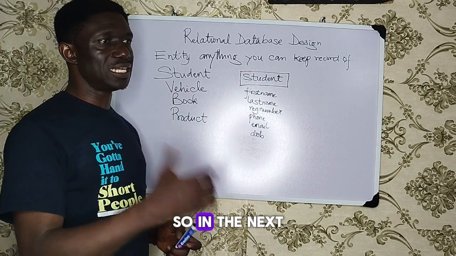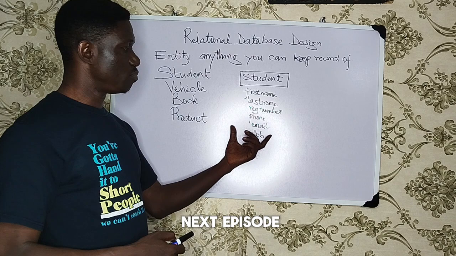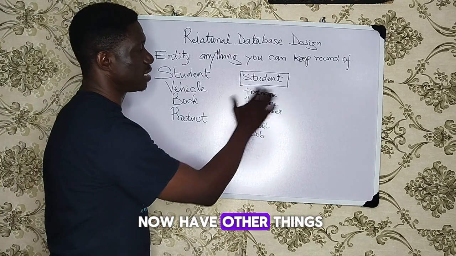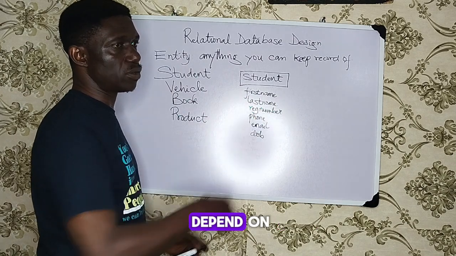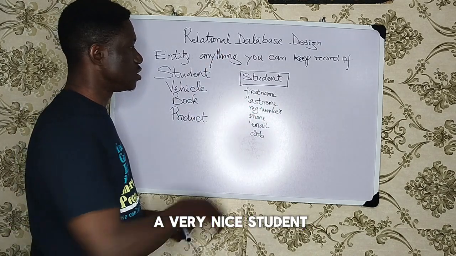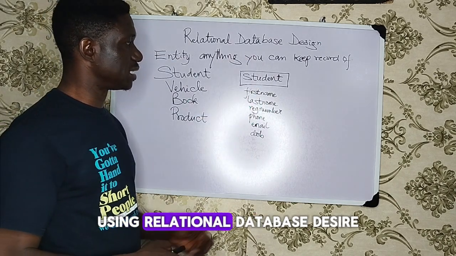So in the next episode, we are going to have other things that this student will depend on, and see how we can model a very nice student management system using relational database design.